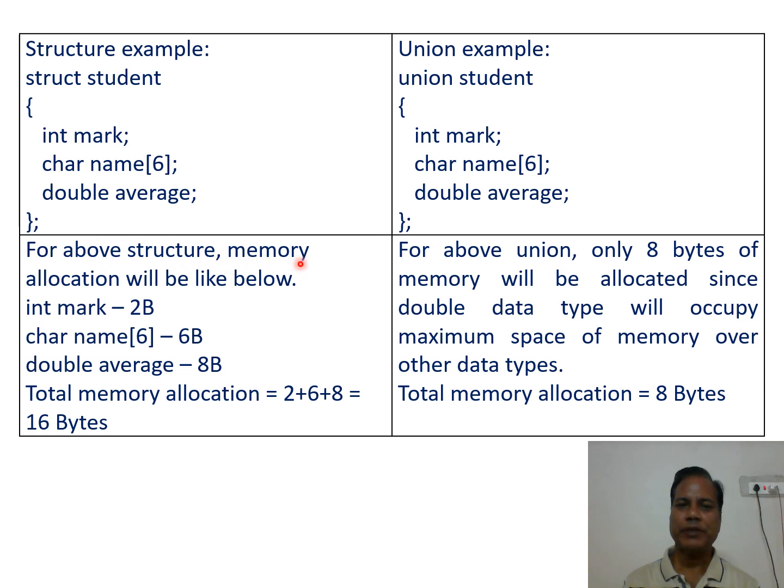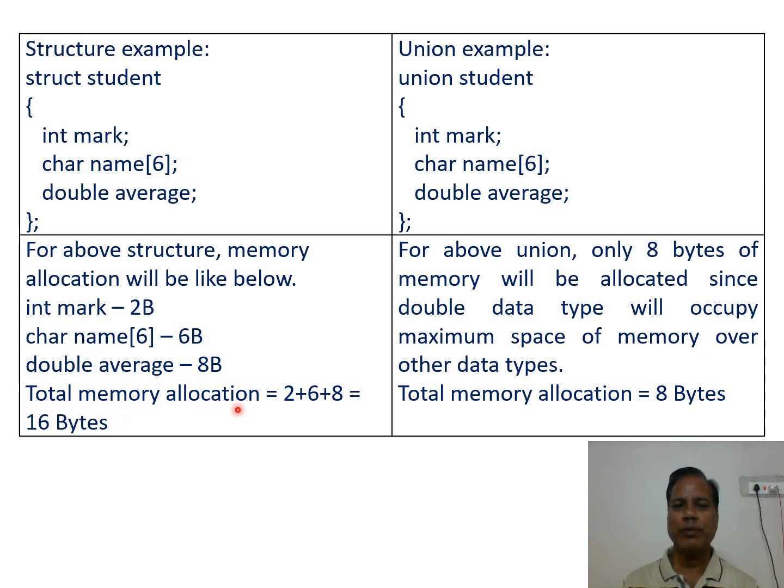Then for the above structure, the memory allocation will be like below. In marks, this variable is integer type, so we need 2 bytes. For character name, 6 characters exist, so we need 6 bytes of memory. In the double average, we need an 8 byte memory location.